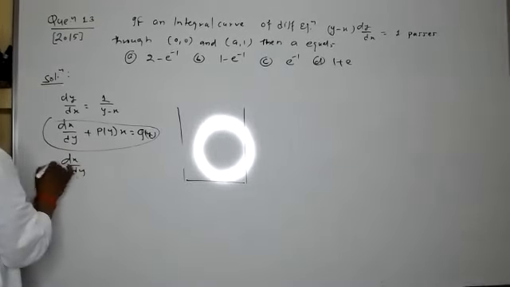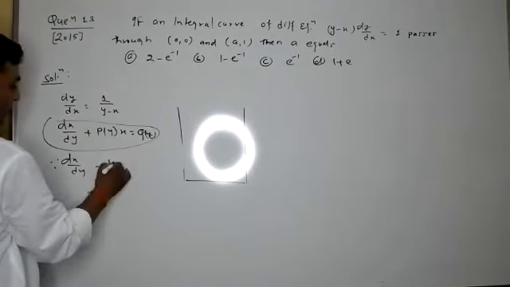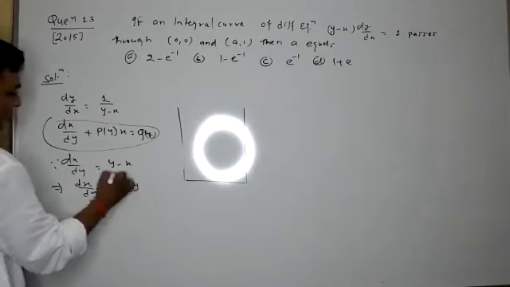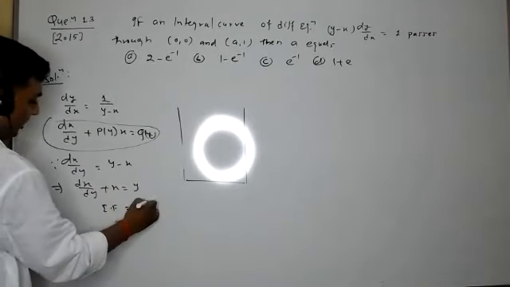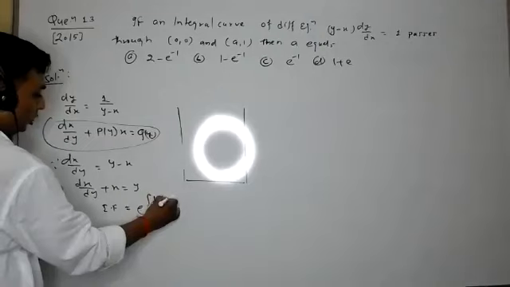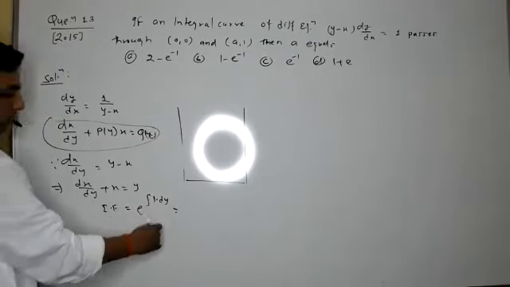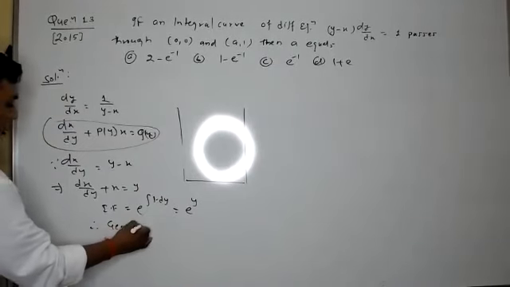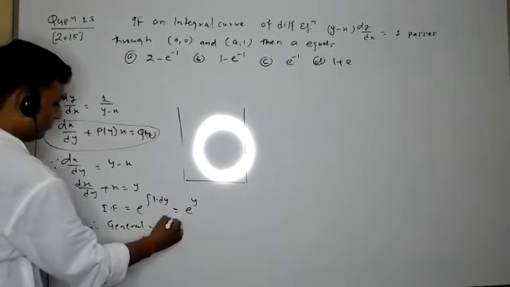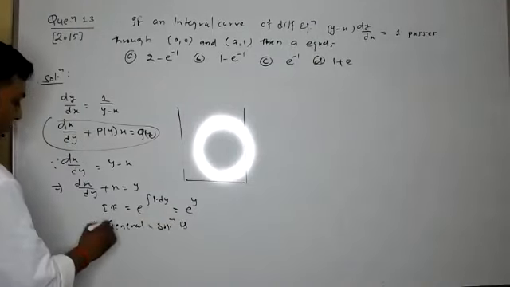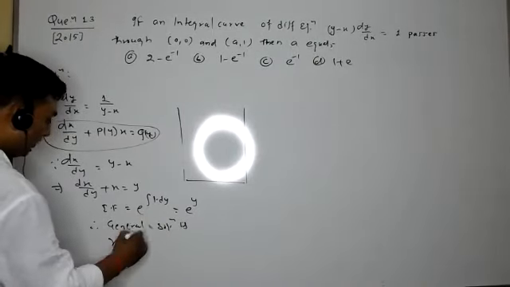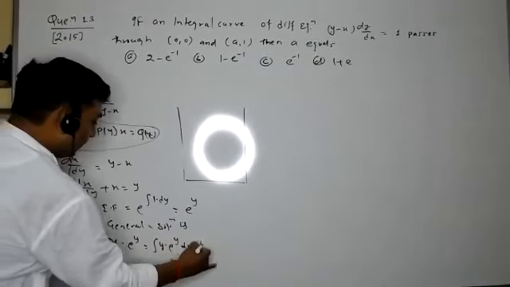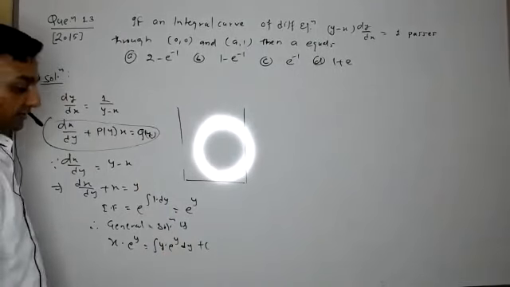So dx upon dy will become y minus x. This implies dx over dy plus x equals y. So what is the integrating factor? e raised to the power ∫1 dy. Please don't make a mistake here. So it ultimately comes out to be e^y. So the general solution is, what is the general solution? x into the integrating factor equals the integral of y into the integrating factor plus the arbitrary constant c, right?